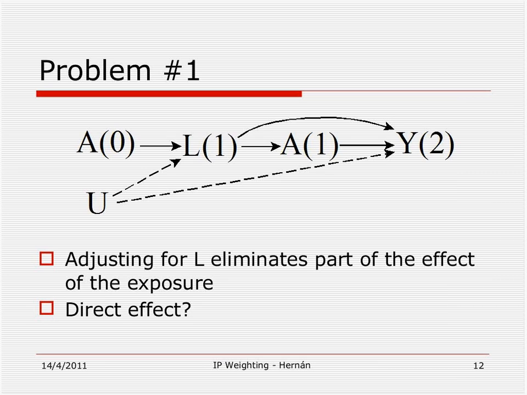With a time-varying treatment, that's A0 and A1. Say that A0 is antiretroviral therapy at baseline, and A1 is antiretroviral therapy one year after baseline. We want to estimate the effect of antiretroviral therapy over a year on one outcome, that is Y2. Say that outcome is death.